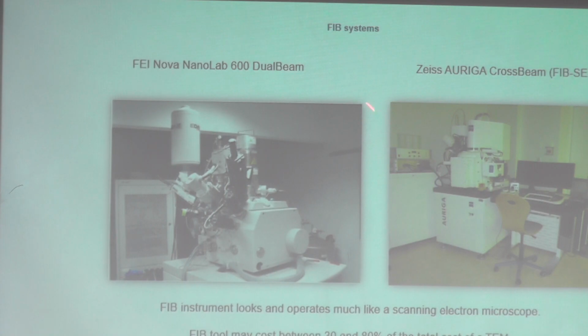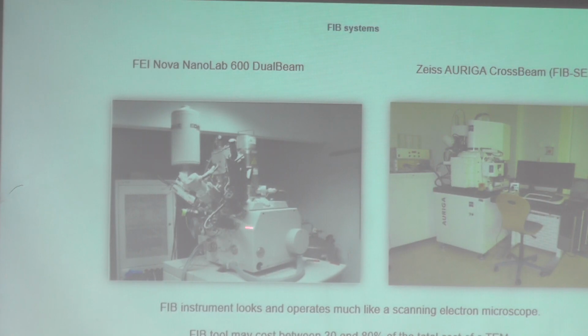So this actually looks like a usual ordinary scanning electron microscope. This is a FIB system from FEI. The difference to the normal SEM is that instead of one column you have two columns.